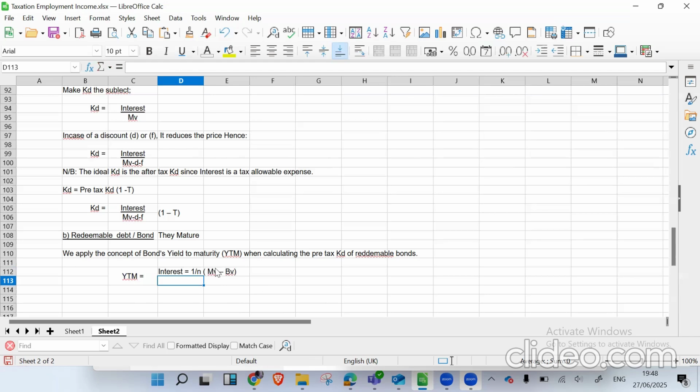We divide everything. This is plus, not equals: interest plus. Then we divide by a half into MV plus BV.